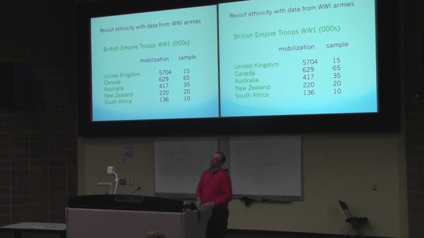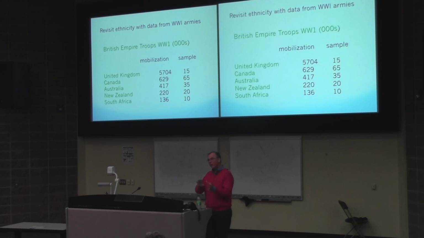Part of why this is possible is there's one source that is a great source for a bunch of different societies. And that's World War I. And it's really reflecting the British Empire. So this crazy British Empire, the British go out and they occupy different ecological environments in different latitudes, different parts of the world. They create little mini Britons in different parts of the world, but there are also indigenous populations.